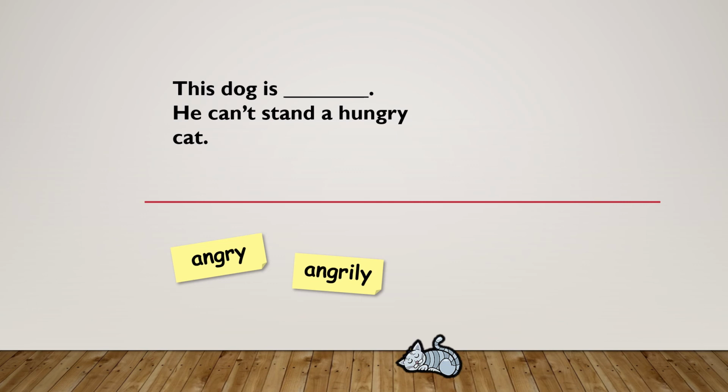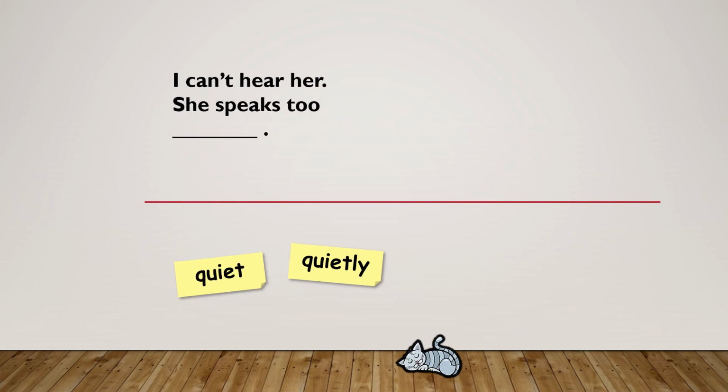Are we describing the dog, or an action from the dog? If we're not describing any action, of course, the answer is this dog is angry, enojado, furioso. I can't hear her. She speaks too... Here, it's very clear that we're describing an action. So what two letters are related with an action? Of course, ly. So she speaks too quietly.